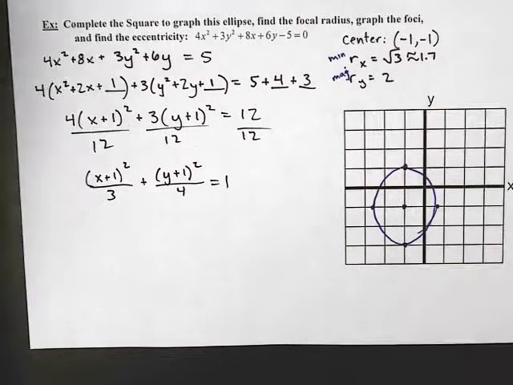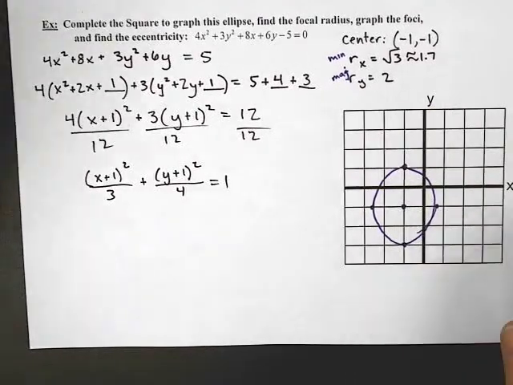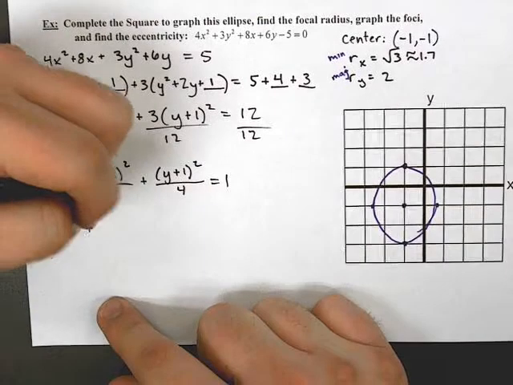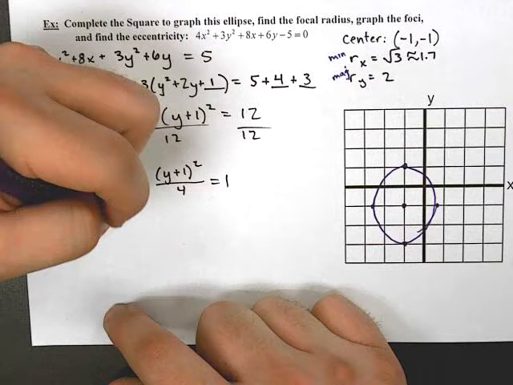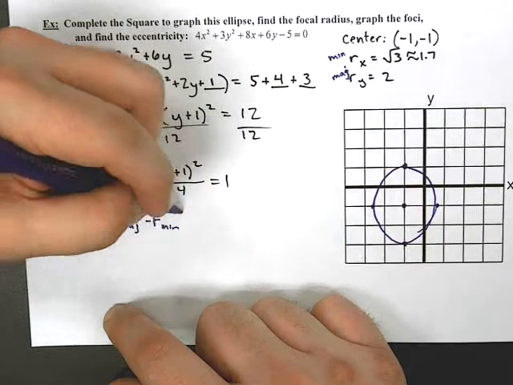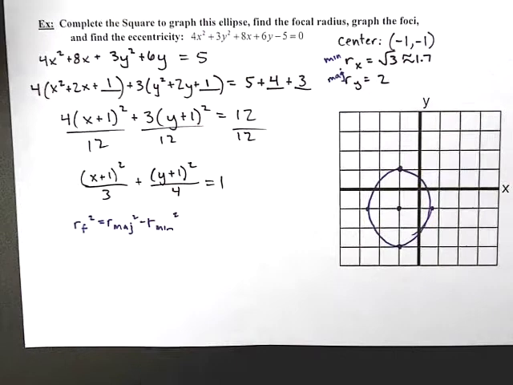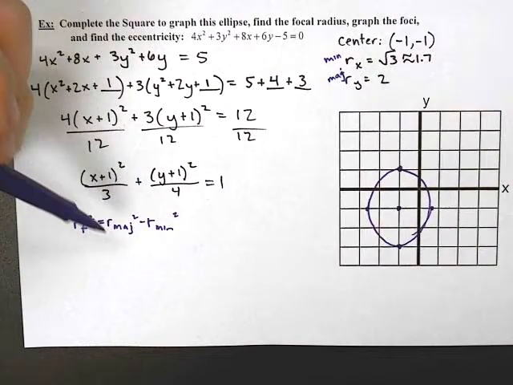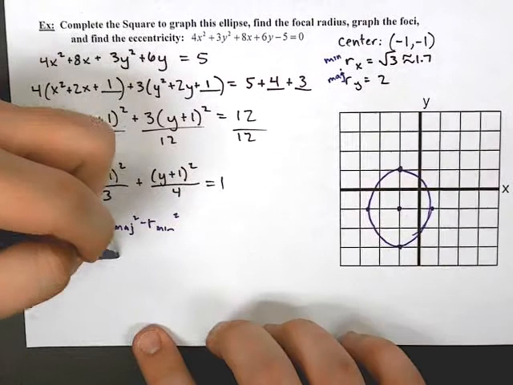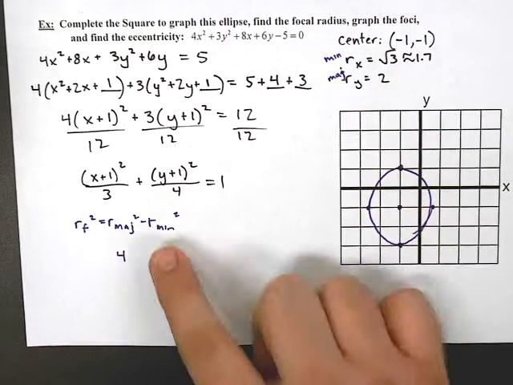Well, let's find out. All right. So to get the eccentricity, we should probably know the focal radius first. All right. And so we use r sub f squared equals r major squared minus r minor squared. All right. So our major radius here was 2, but we have to square it. So we're back at 4. Our minor radius was root 3.